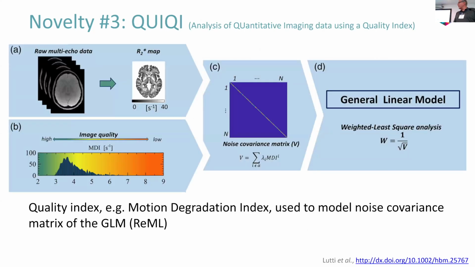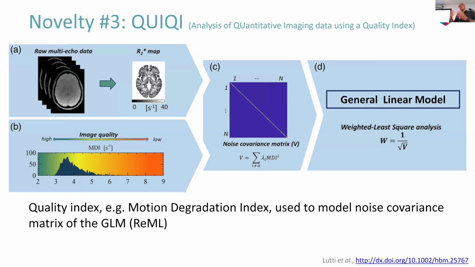That's with Antoine and Martina, the quickie analysis, where this is about the quality of the data. And that's more the statistical inference. If we know that some maps are noisier, i.e. less reliable, that's included in the covariance matrix of the residuals of the GLM.